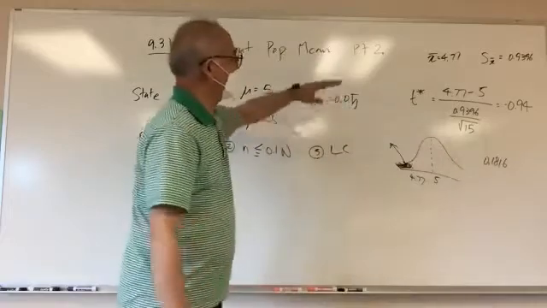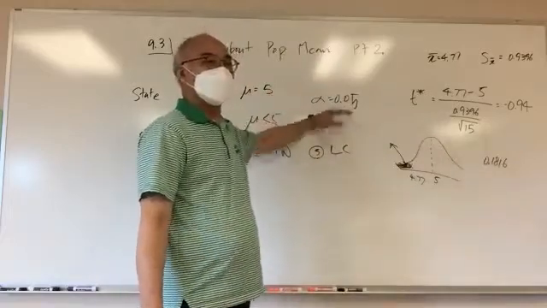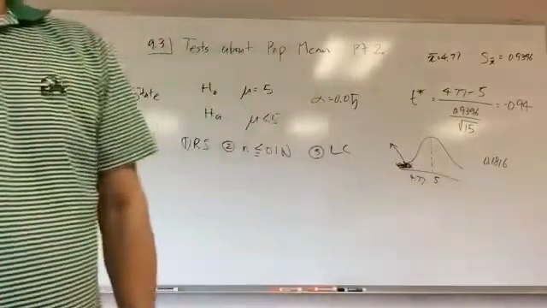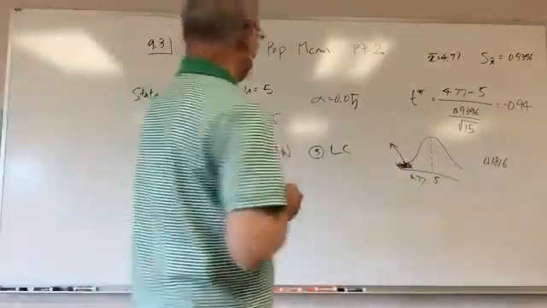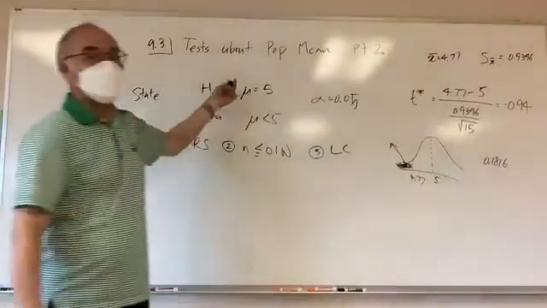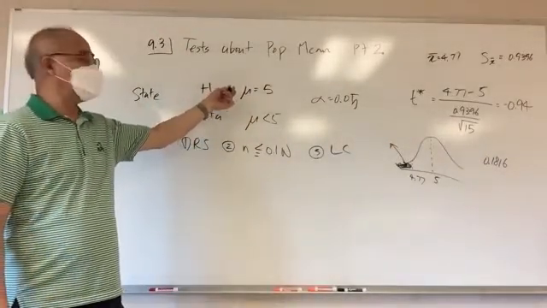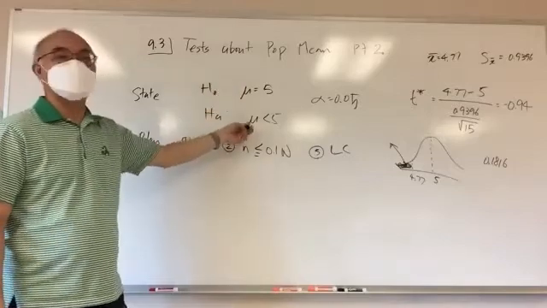And we're going to compare that to 5%. The p-value is greater than alpha. Darn it. That means that we failed to reject. We do not have convincing evidence that this is true.